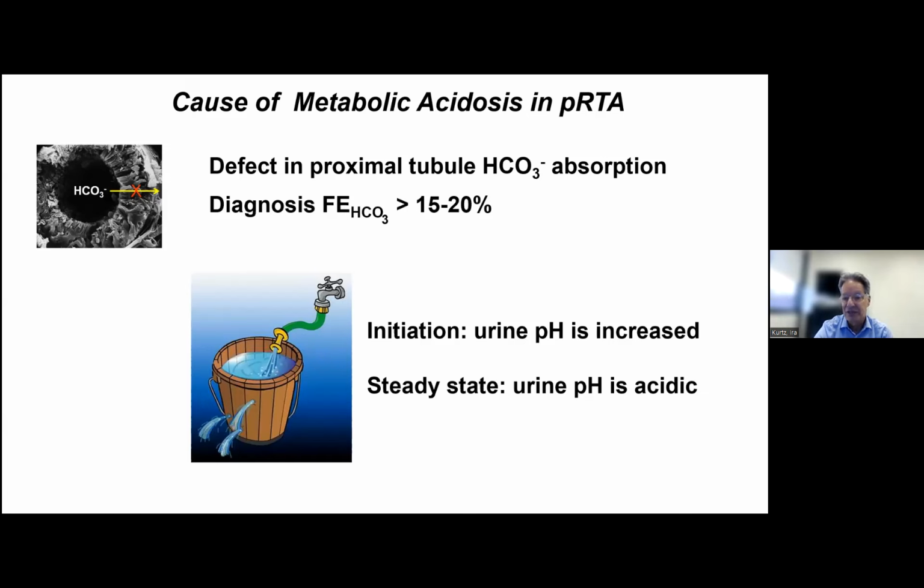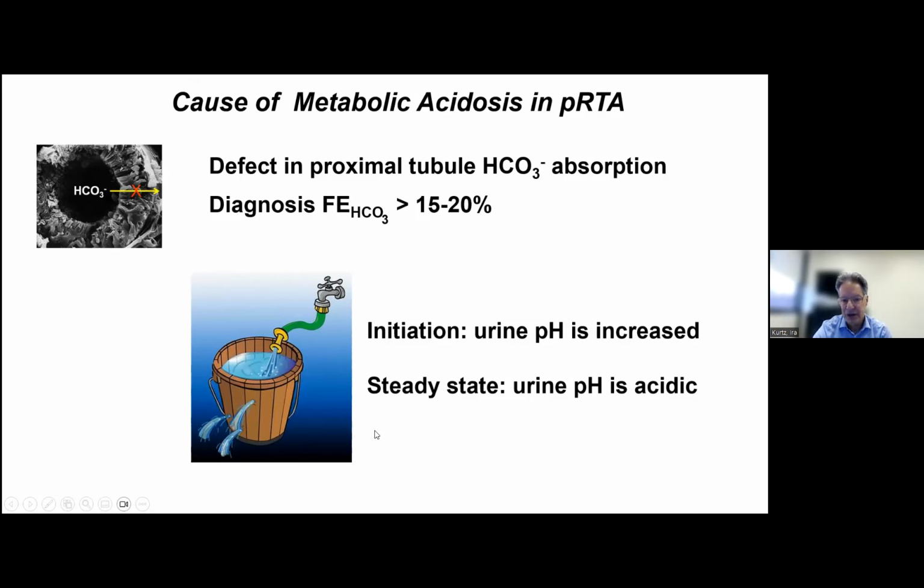And there you'll actually find a high urine pH. That's shown here pictorially in this cartoon, where you punch a bunch of holes in the bucket, the water representing bicarbonate is going to start coming out onto the floor, and you'll find a lot of water on the floor, or as an analogy, a high urine pH.